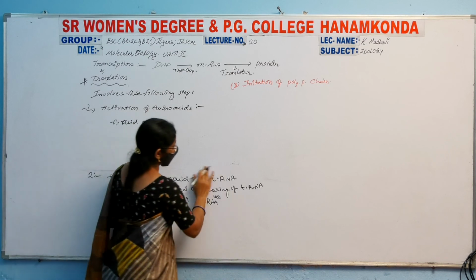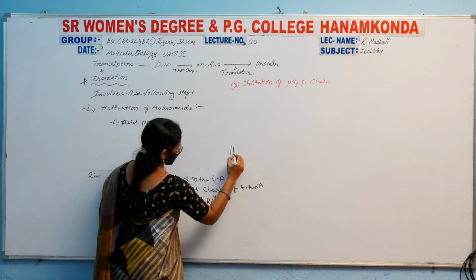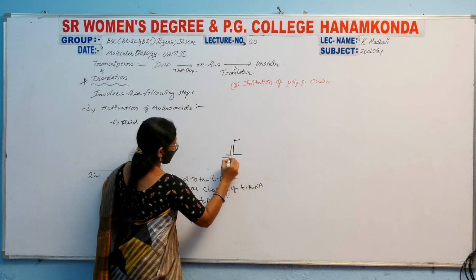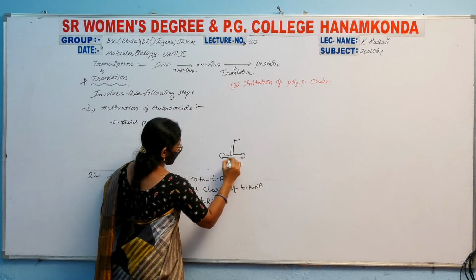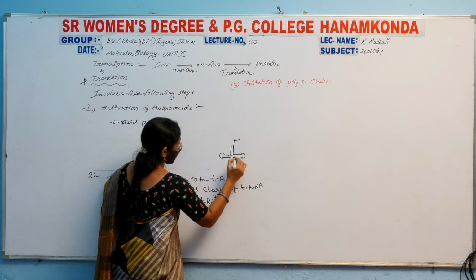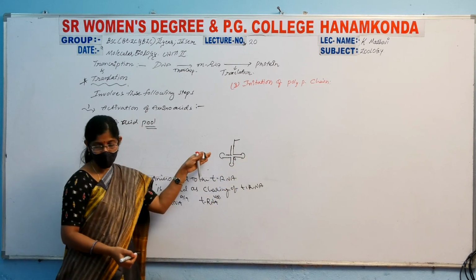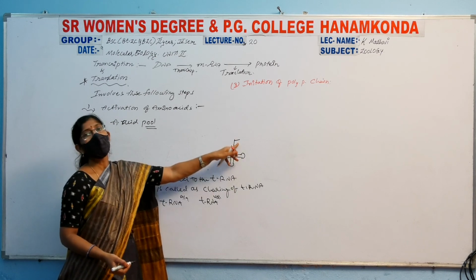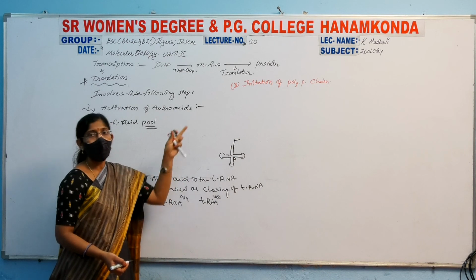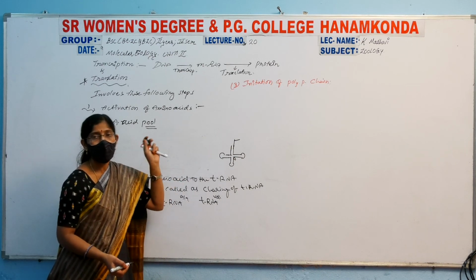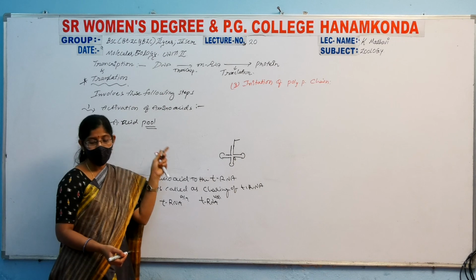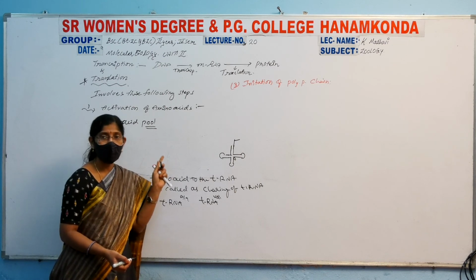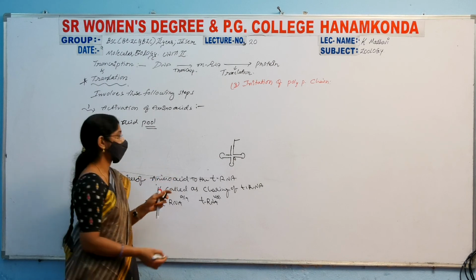In this activation of tRNA, this is the acceptor arm, and here is the coding variable arm. The acceptor arm attaches the specific amino acid with the help of amino acid synthetase.